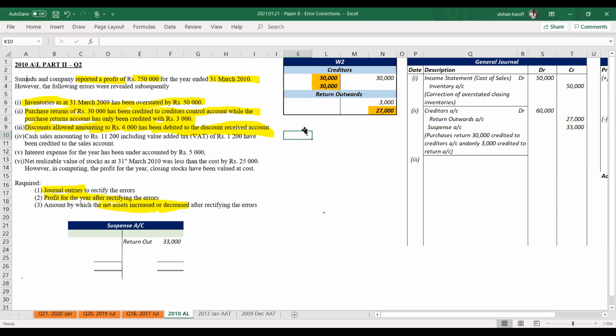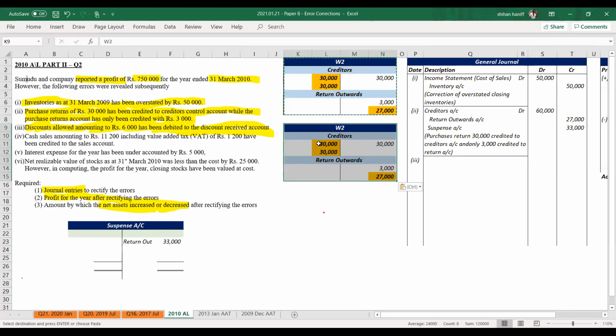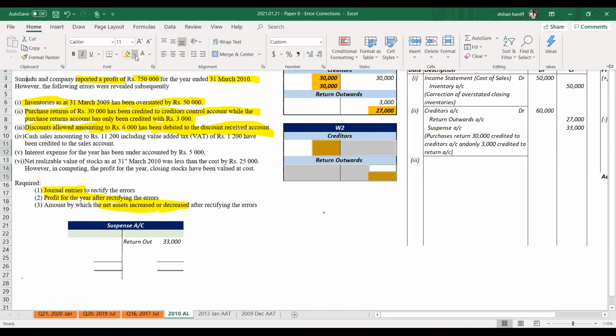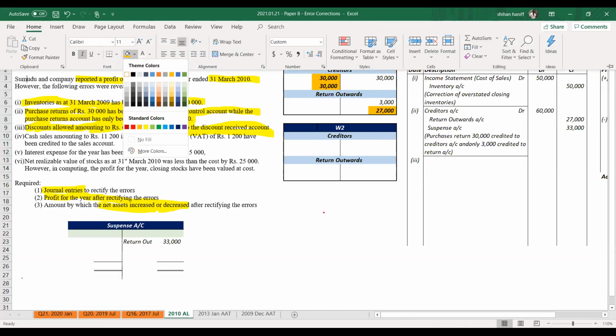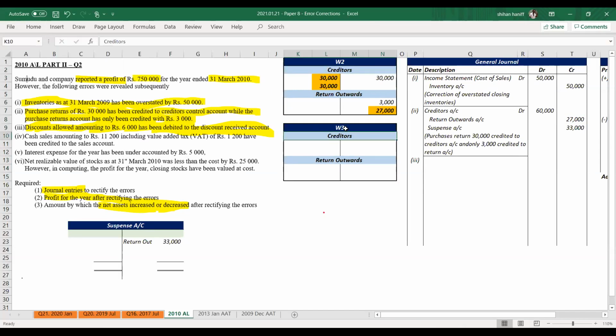Right, so working number 3. Discount allowed amounting to 6,000 has been debited to discount received account.